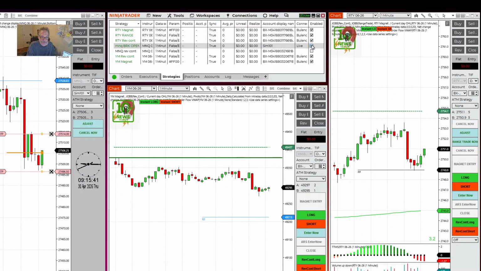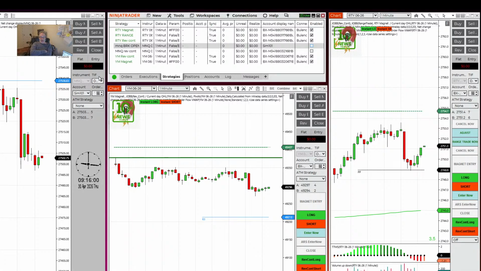See, if you leave the bracket on for a few seconds and don't do anything, you can gauge the current market volatility in relation to the size of your bracket. If you get filled instantly with the bracket you've chosen, your bracket might be too small for the volatility of that market.